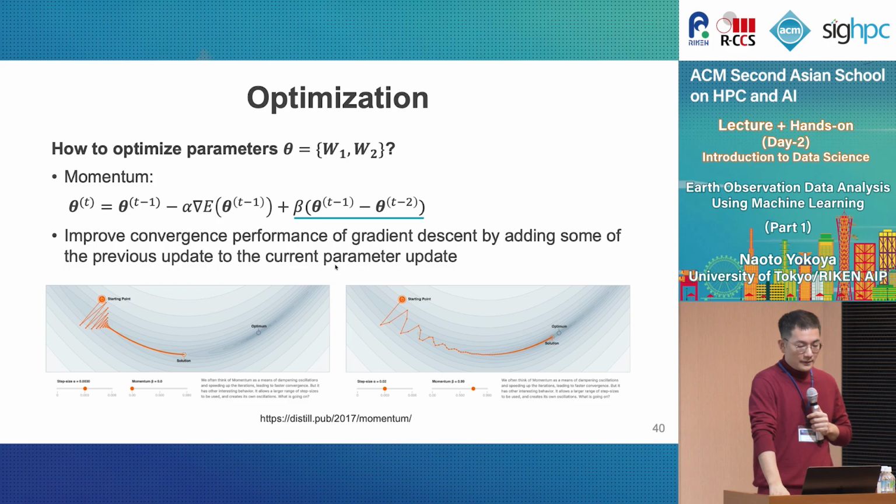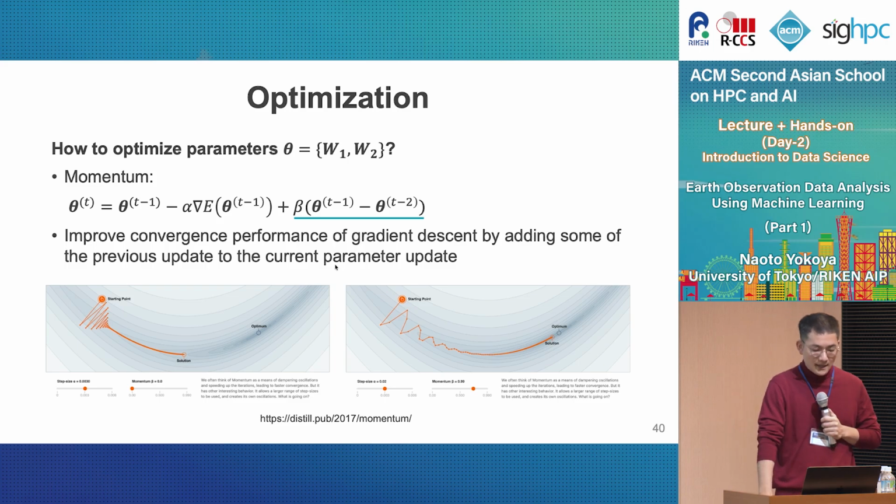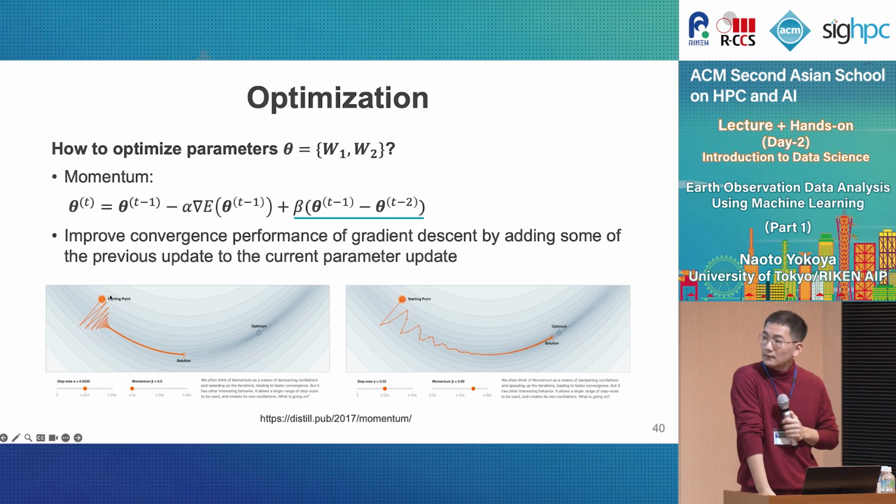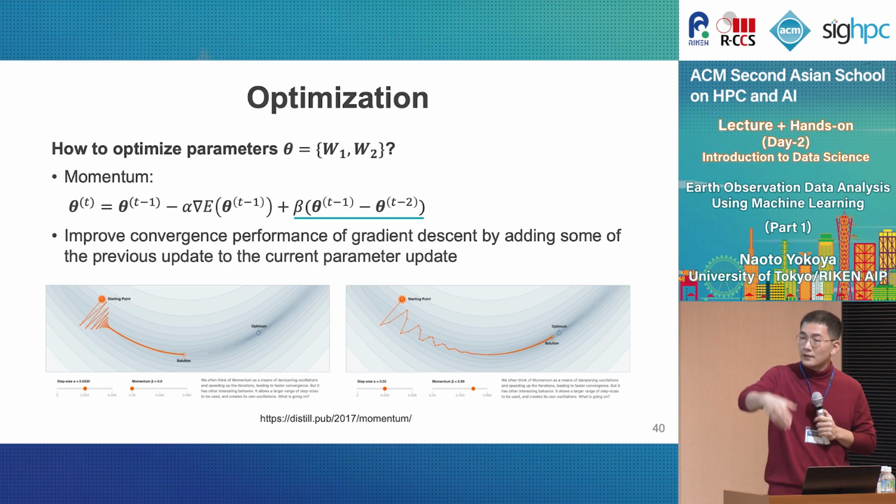And plain gradient descent may end up with very slow convergence. For example, as shown on the bottom left-hand side, this is a nice website where we can intuitively see the optimization process. This loss landscape is a landscape with respect to parameters.